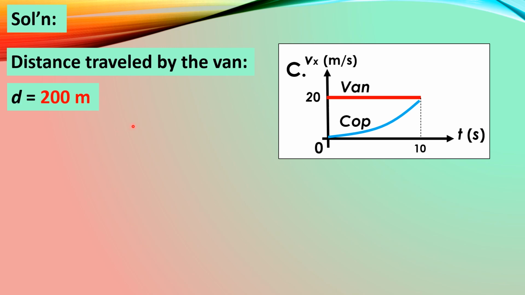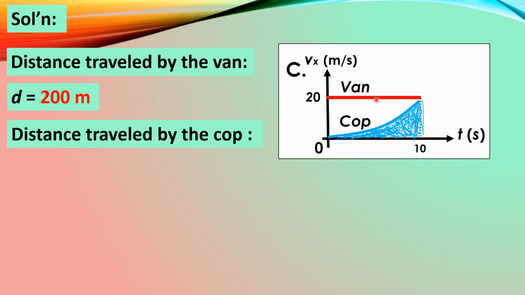For the BT graph in option C, the same displacement or distance traveled by the van as what we got in option A, which is 200 meters. The distance traveled by the cop or motorcycle in 10 seconds is also equal to the area of the nearly triangular polygon shaded blue.